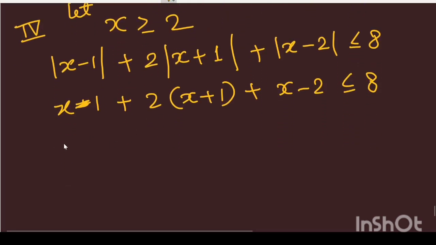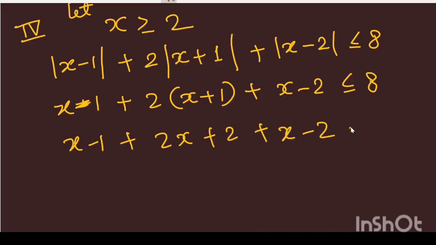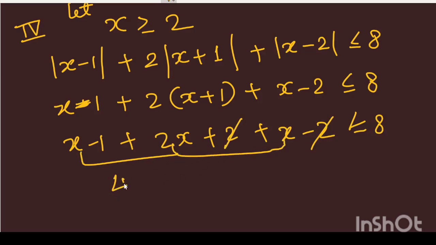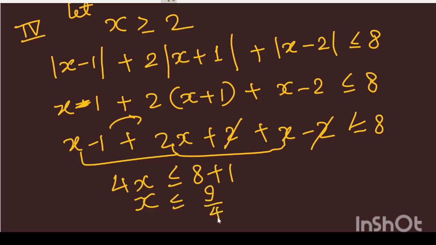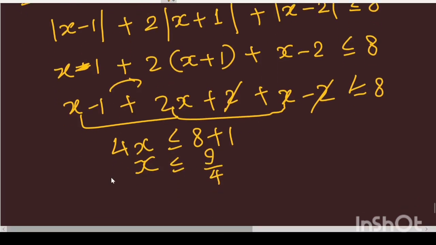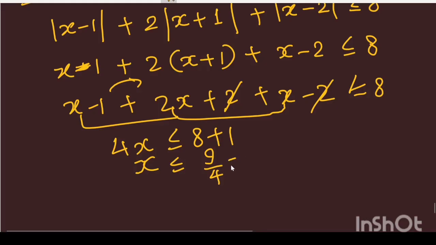Now x minus 1, 2 gets multiplied, minus 2 less than equal to 8, minus 2 cancels out, x plus 2x plus x is 4x, minus 1 goes on the right hand side, it becomes plus 1. So x 4 goes down, so it becomes 9 by 4. Okay, so this is 2.25.